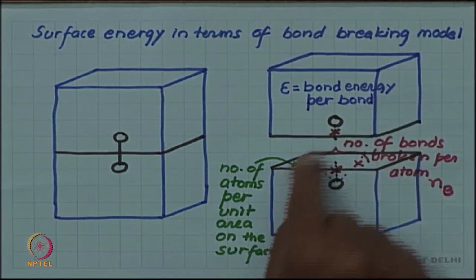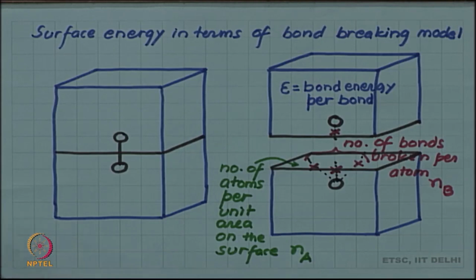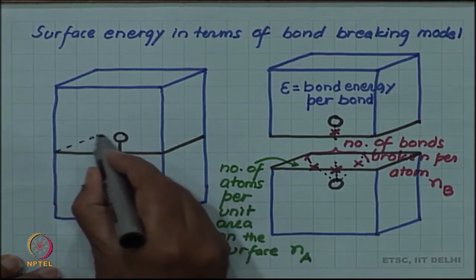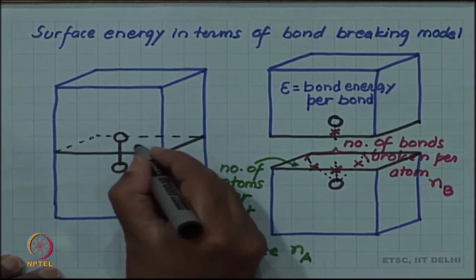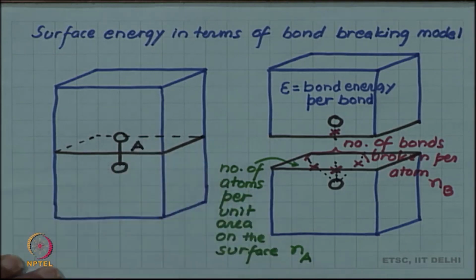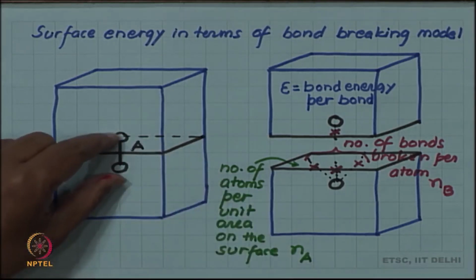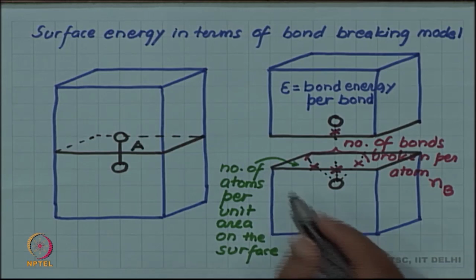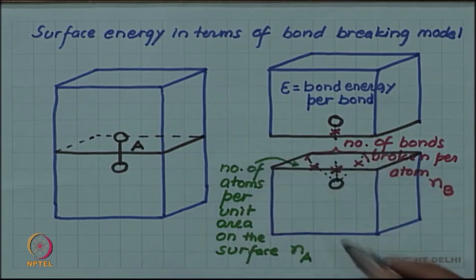So, across an initial area A, I will break all the bonds of these Na atoms, and then I will create this free surface.